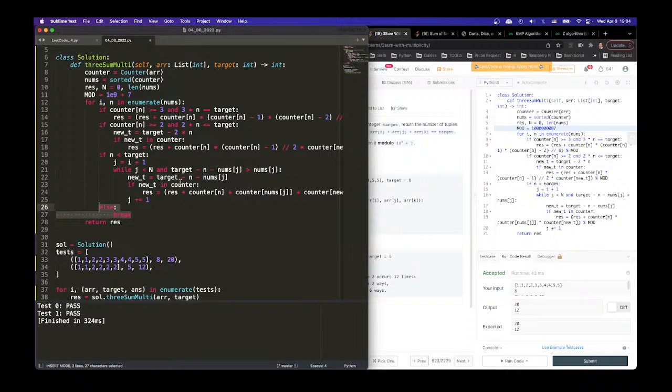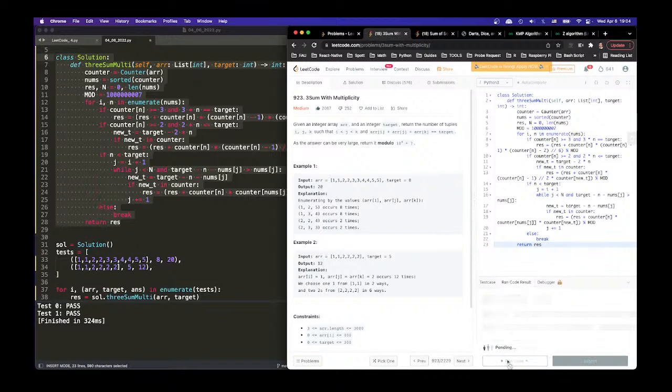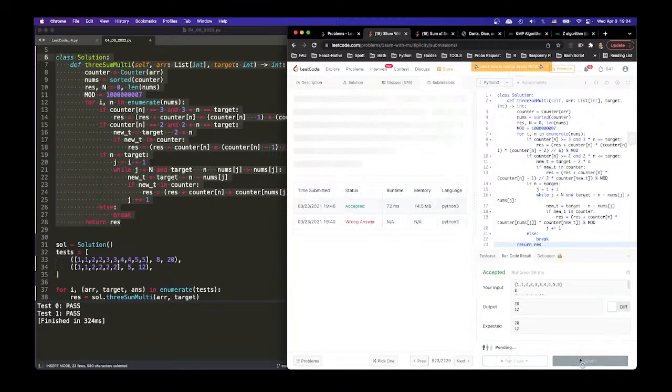So let me change this one. Always try to make it faster. All right, let's see if it passes.